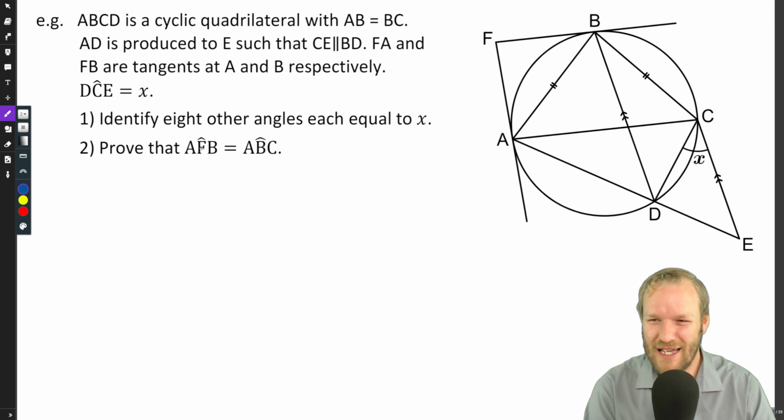So angle CDB, or you could start labeling these 1, 2, 3, 4, going around. It's up to you if you label like this, or if you want to perhaps just call it angle CDB, whichever you're more comfortable with. Just label your diagram as you go along. So D2 is equal to x because of alternate angles on parallel lines.